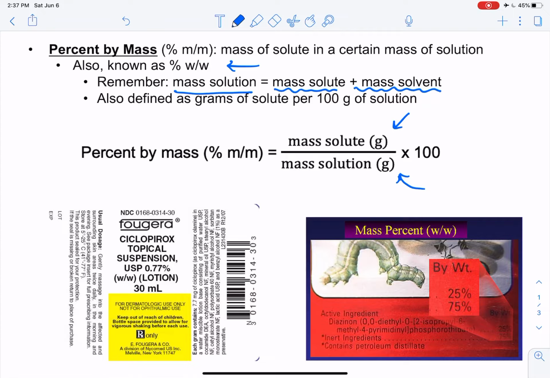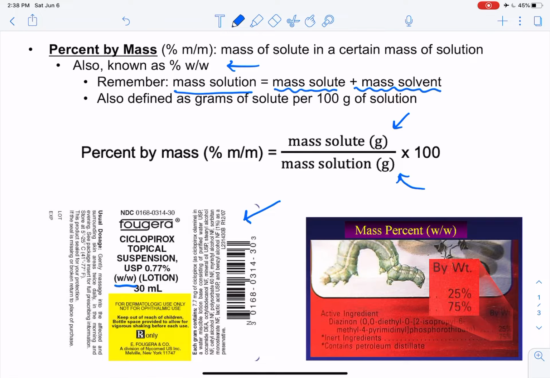So we can see here that we've got this skin medication, and it says that it's a suspension and it's 0.77% by weight or by mass of the active pharmaceutical in that medicine.